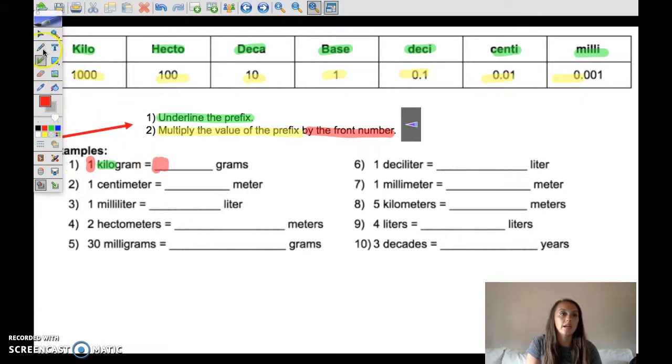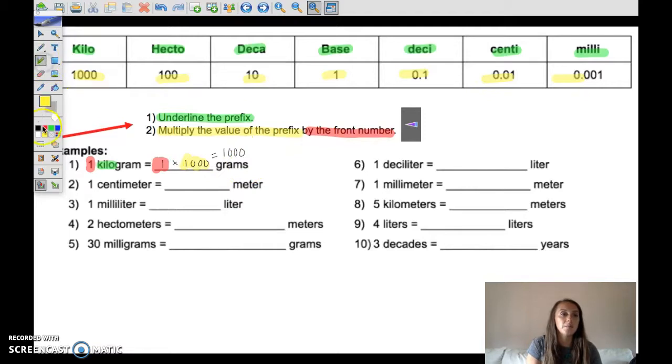So I'm going to take the front number and multiply it by the value of kilo, which is 1,000. So 1 times 1,000 equals 1,000 grams. So 1 kilogram is equal to 1,000 grams.